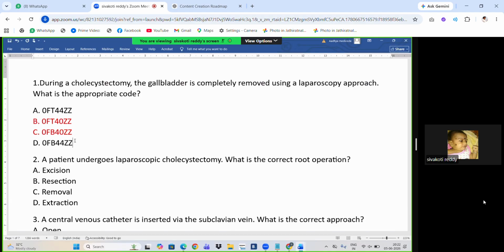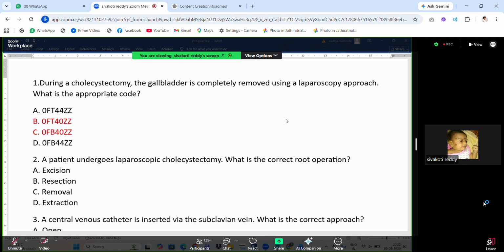What approach they are using here? Percutaneous endoscopy. Laparoscopy means percutaneous endoscopy. So what is the value for percutaneous endoscopy? 4.